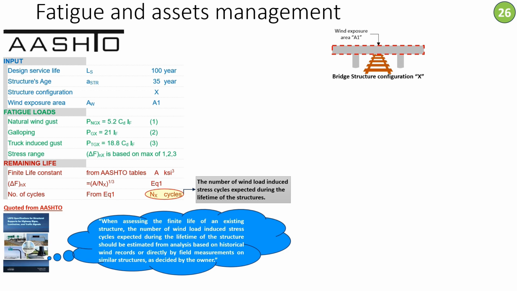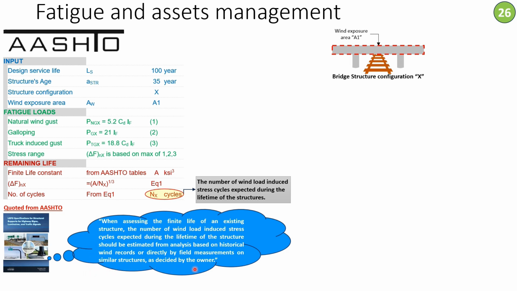So basically, you go through the calculations. H2 gives you the number of cycles expected during the lifetime, and then you go through field measurements or historical wind records and check what is the actual number of cycles expected during the lifetime of the structure.